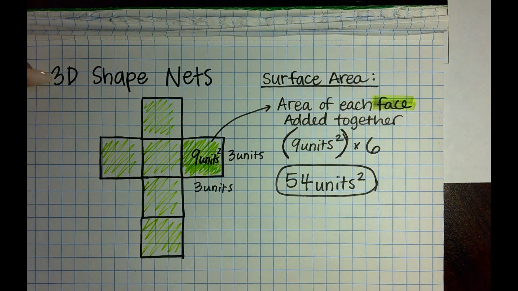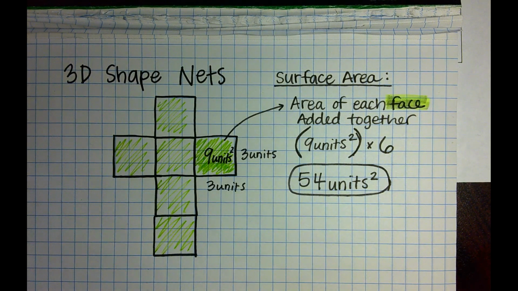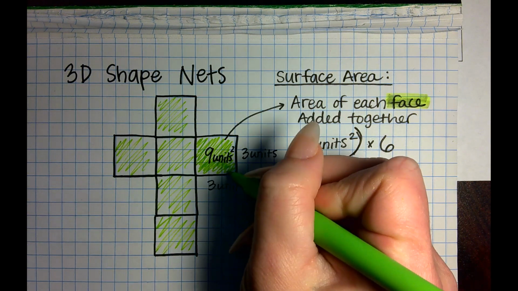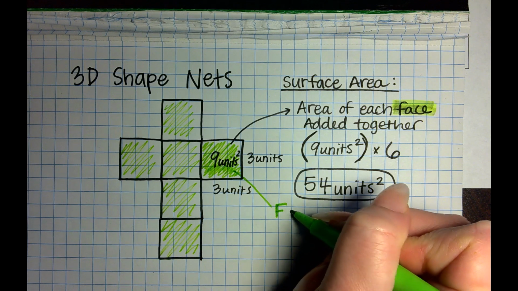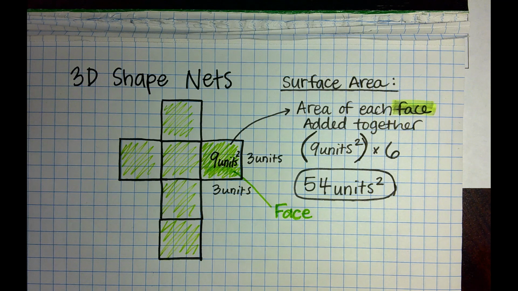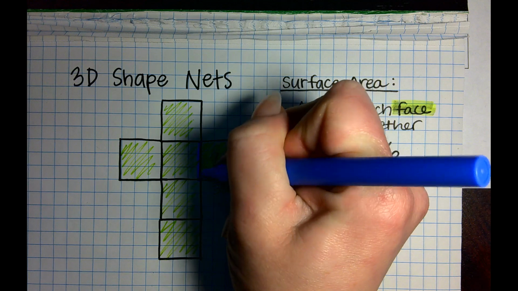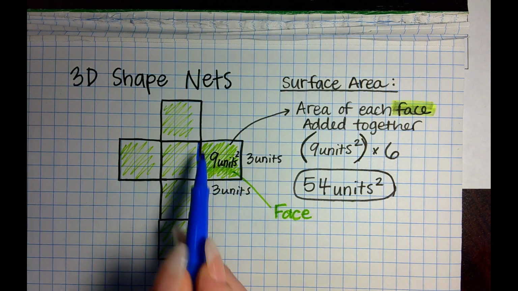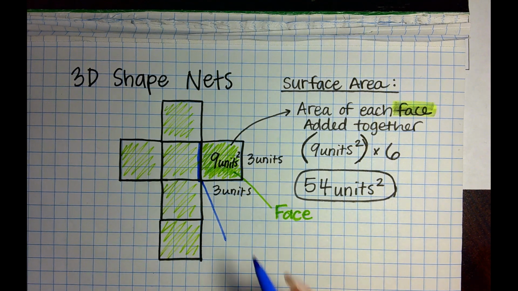So let's see, we have faces, edges, and vertices. So let me actually use some colors and label this. Okay, so this is a face. Basically the fold in between each face, that is considered the edge.